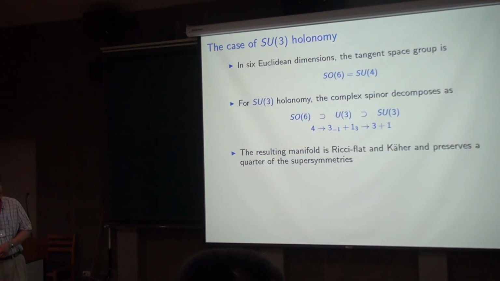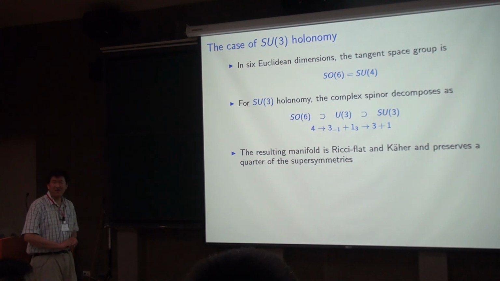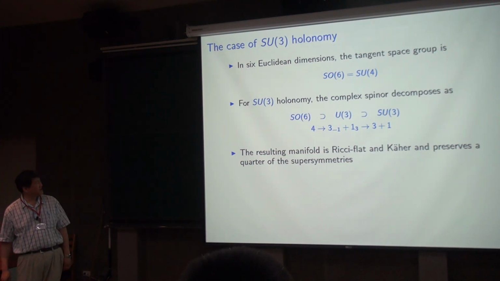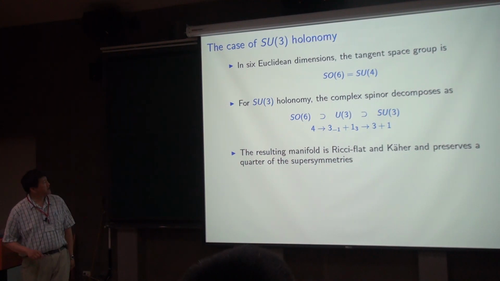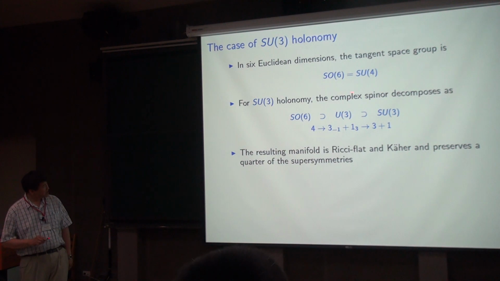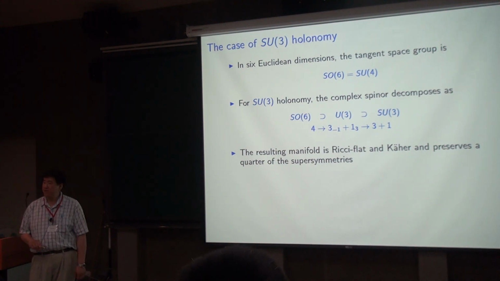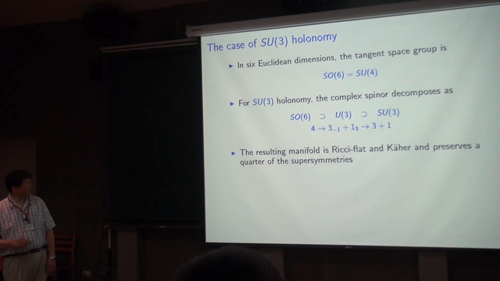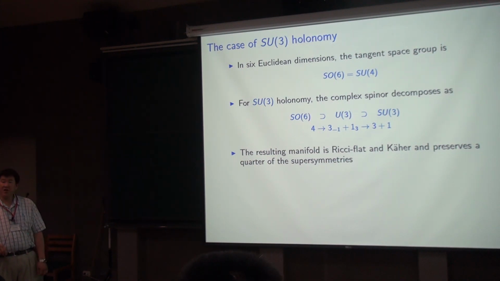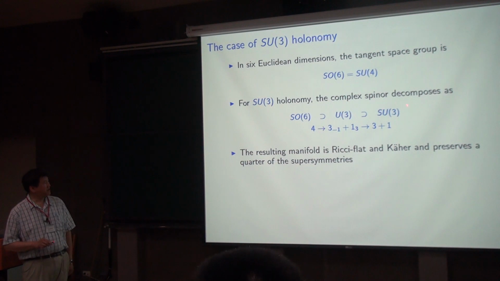What I'd really like to do is say a little more about SU(3) holonomy, which is the Calabi-Yau case. Here I have a 6 real dimensional manifold with tangent space SO(6), which is basically equivalent to SU(4). I want to take the 4-dimensional spinor of SO(6) and decompose that under SU(3) holonomy.